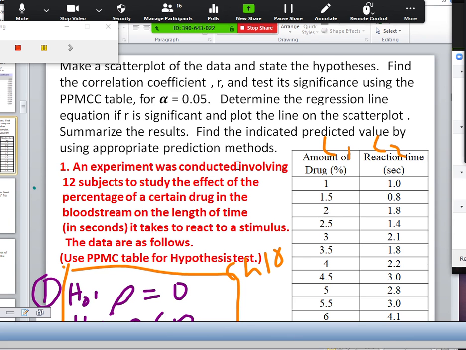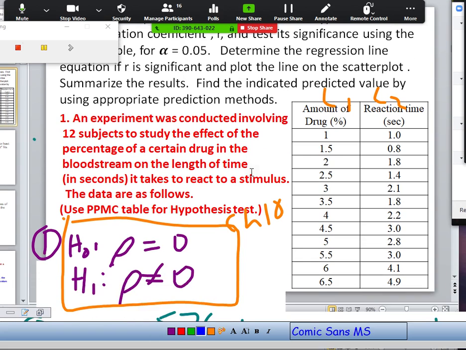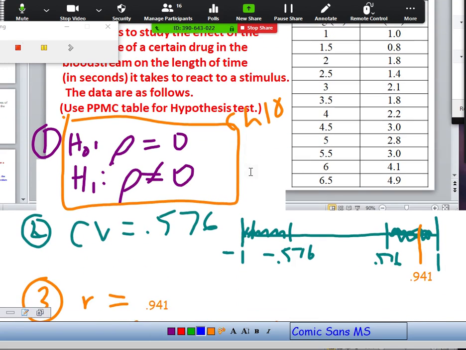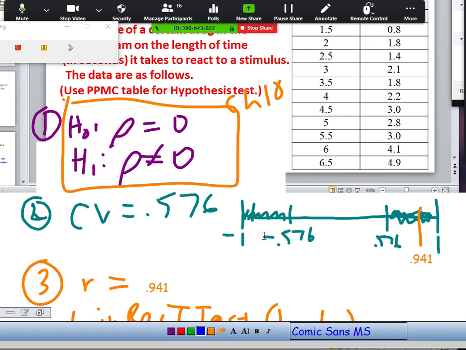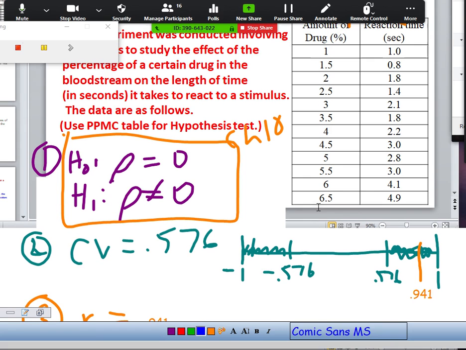Let's take a look through this. H0 is rho equals 0. H1 is always rho is not equal to 0. That's always the same. For chapter 10, this will always be your H0 and your H1. For my critical value, I have 1, 2, 3, 4, 5, 6, 7, 8, 9, 10, 11, 12 items.